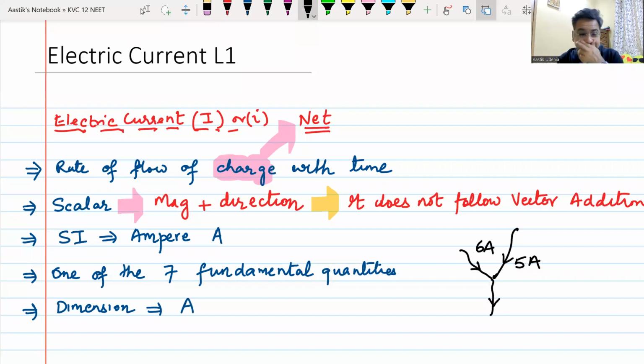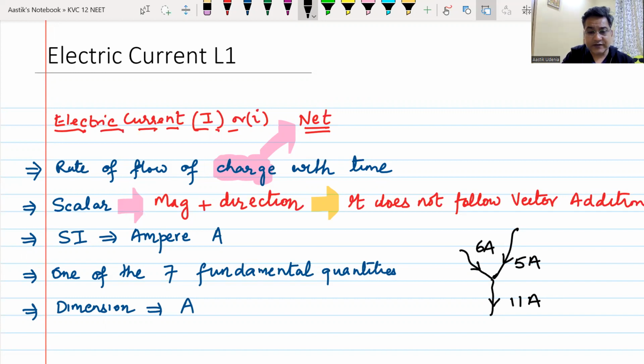6 amperes are coming from here. 5 amperes coming from here. What would be the current in the third branch? It would be 11 amperes. So it does not add like vectors. We can just add or subtract current like numbers.